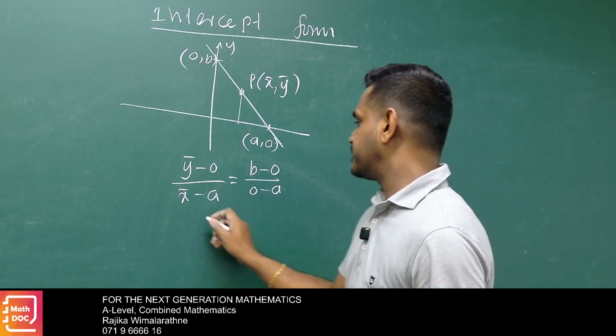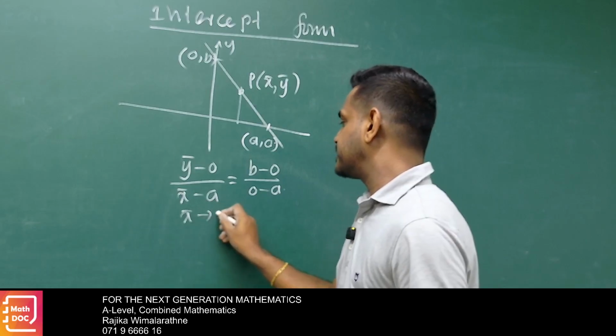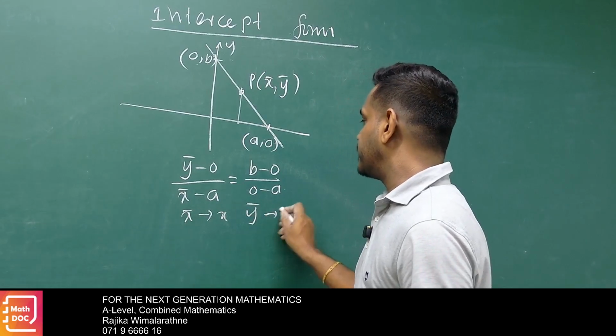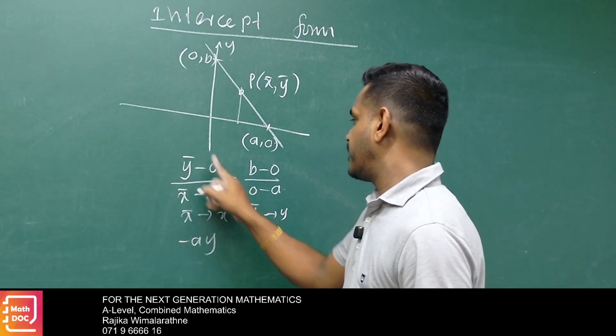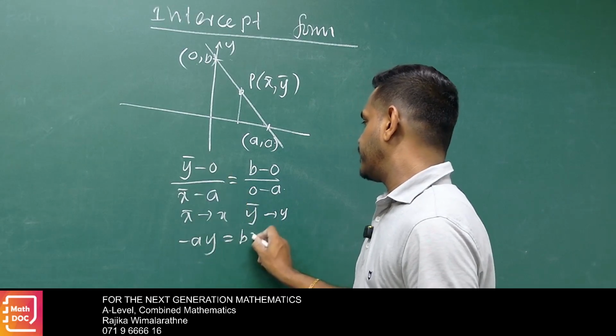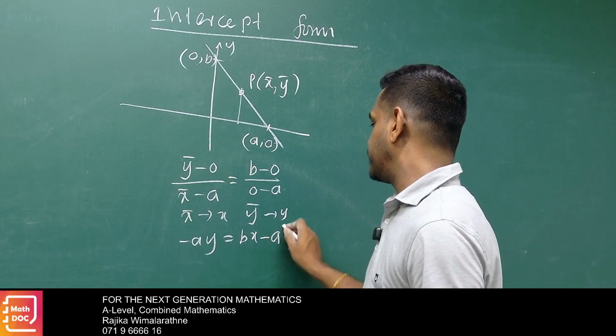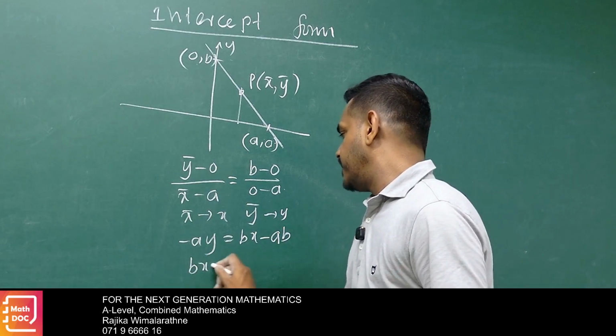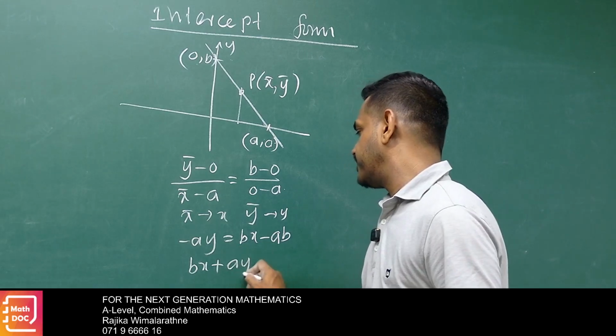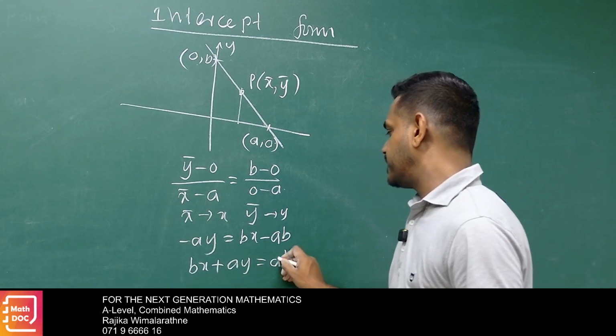Now simplify. Take x bar as x, y bar as y: minus ay equals bx minus ab. Now simplify: bx plus ay equals ab.